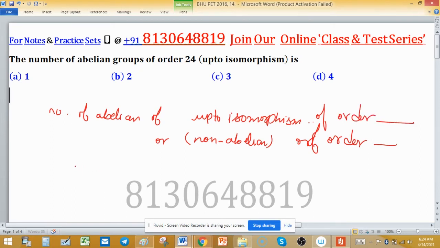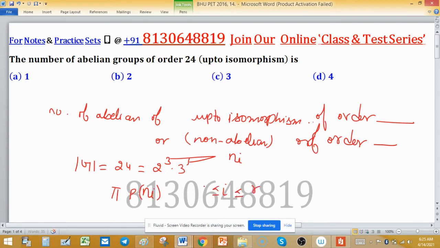can be easily found. As the order of G is given as 24, we can write 24 as 2 raised to the power 3 times 3; 8 times 3 is 24. This is perfect. These powers, 3 and 1, are normally known as n_i, the prime powers. So the number of groups of order 24 will be the product of the partitions of n_i, where i runs from 1 to r.